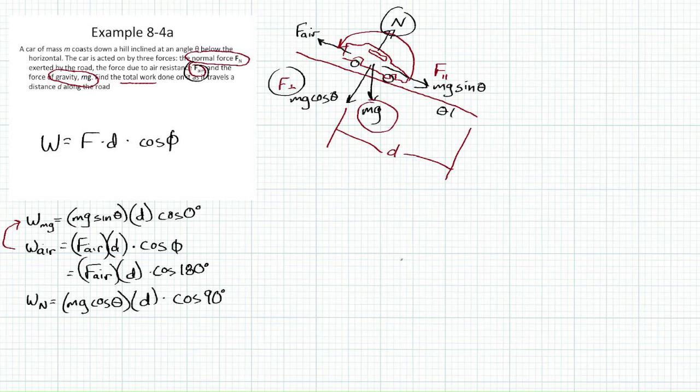So let's add all these up and we'll have a statement that expresses the net work done on this car.